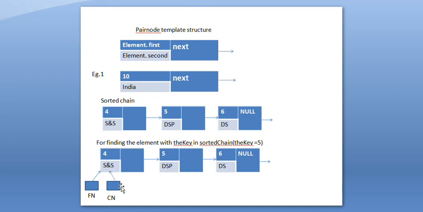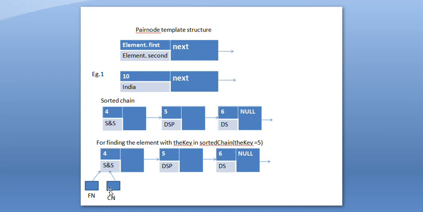Now what we need to do, through Cn, since it is a pointer, using arrow mark, I can access these 3 fields, element dot first, element dot second, and next, using Cn. Okay, so current node. First, to check this element, how do you get 4?